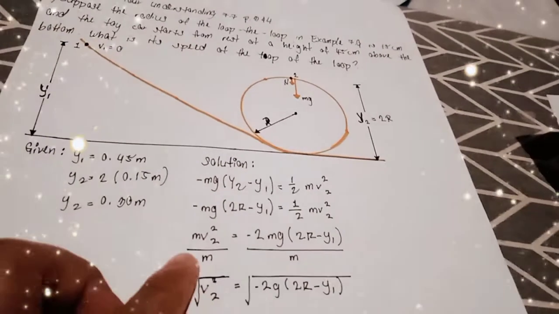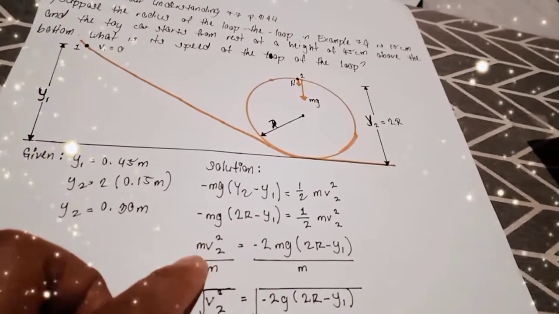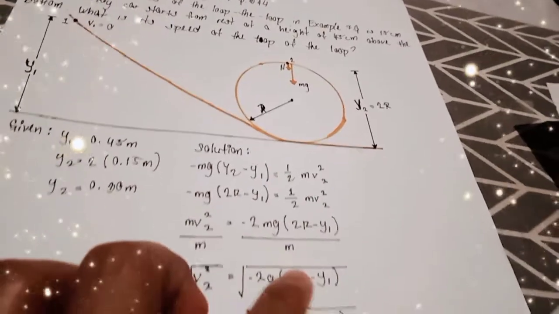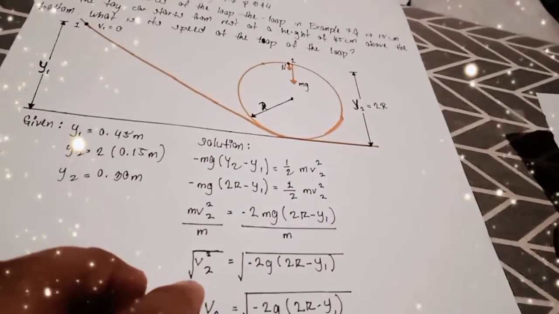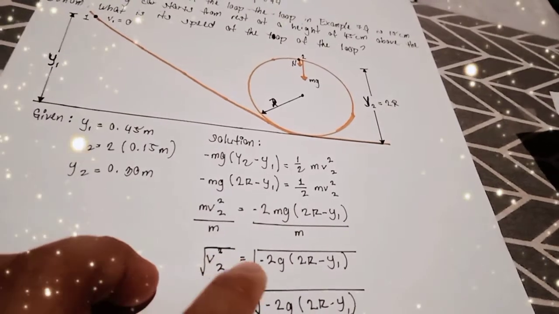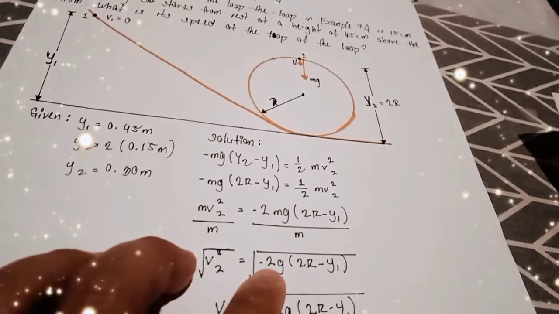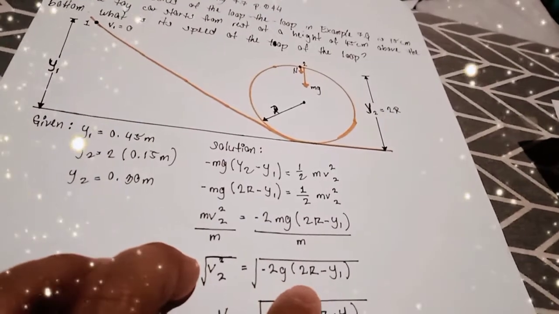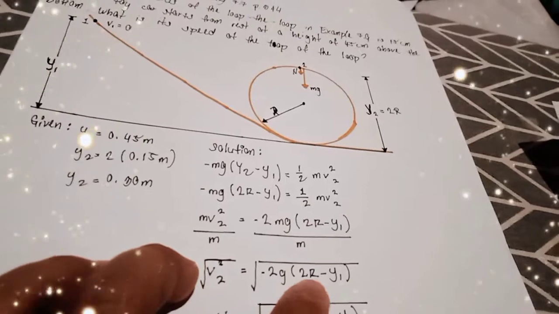Then the square root of v square sub 2 is equal to the square root of negative 2g times the quantity 2r minus y sub 1.